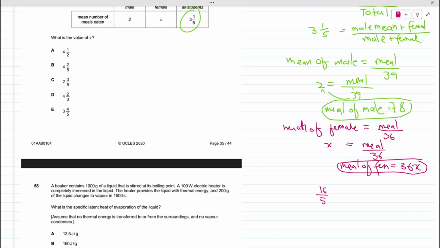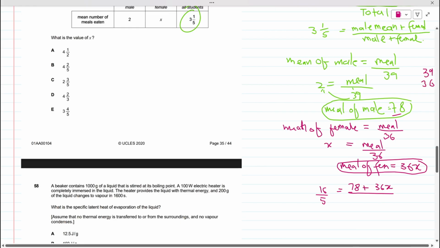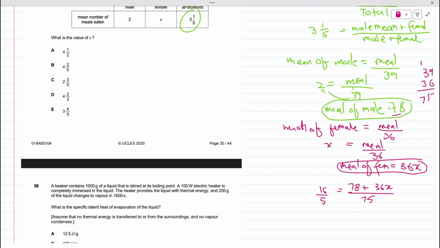So 16 by 5 is equal to male meal we have 78, female meal we have 36x, and in the denominator the total number of students, which means male plus female, right? Male we have is 39 and female we have is 36. So 75 in the denominator, right? Now let's simplify it and find the value of x. This is what we were supposed to find, right?